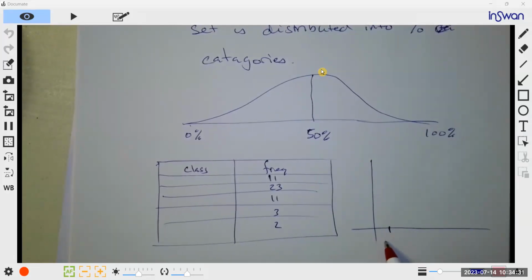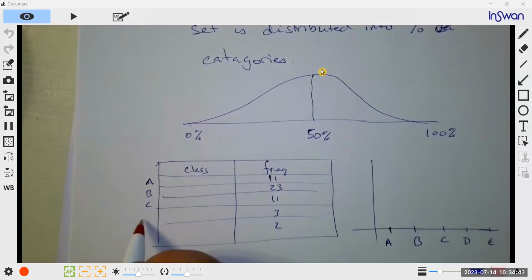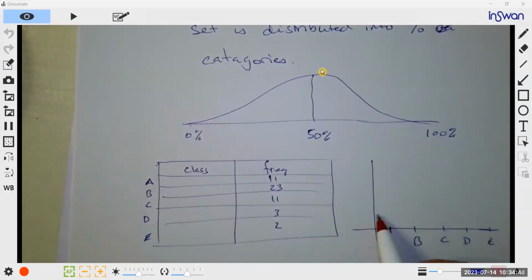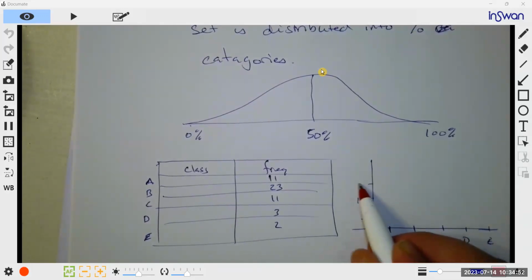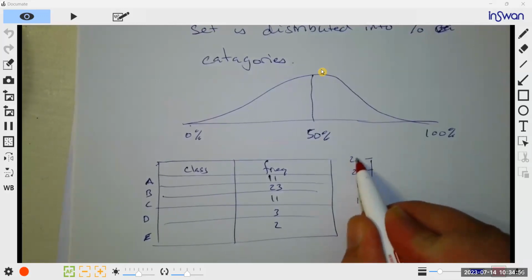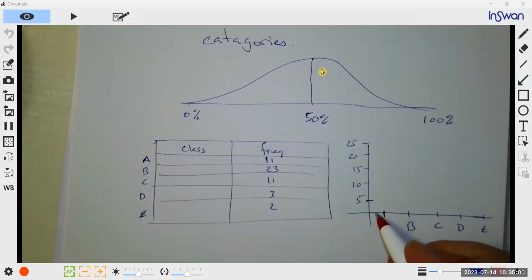So here we have class A, class B, class C, class D, and class E. Instead of writing these numbers here, I'll just refer to them as A, B, C, D, E. Here's 5, 10, 15, 20, 25. So the first one had 11.